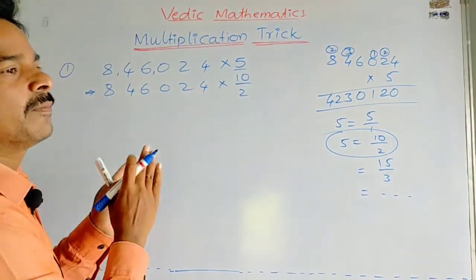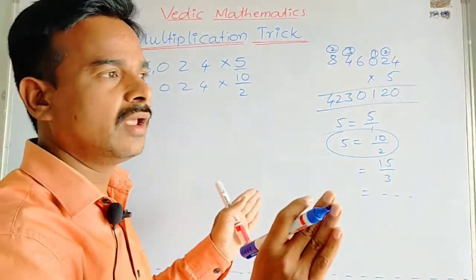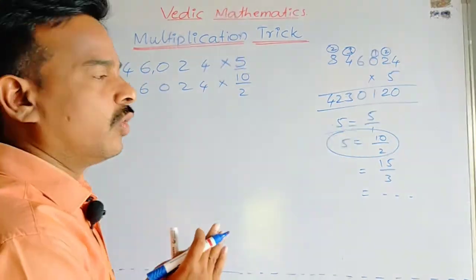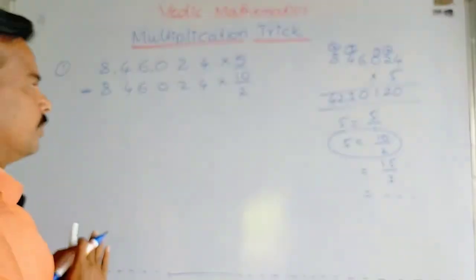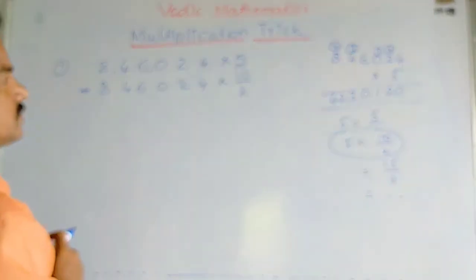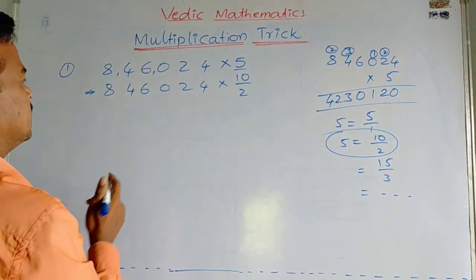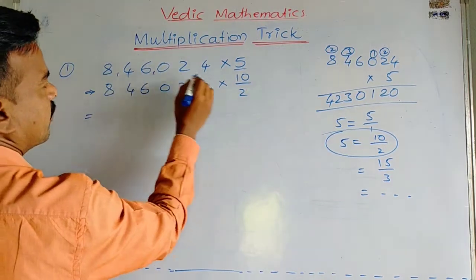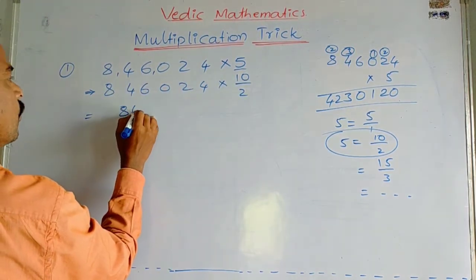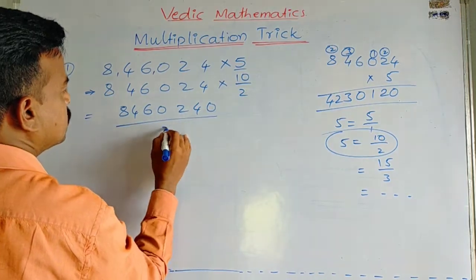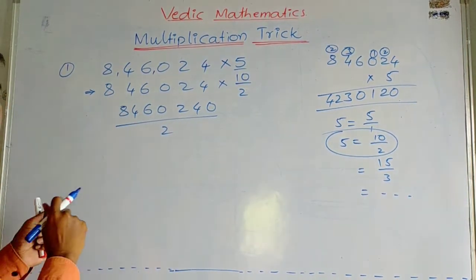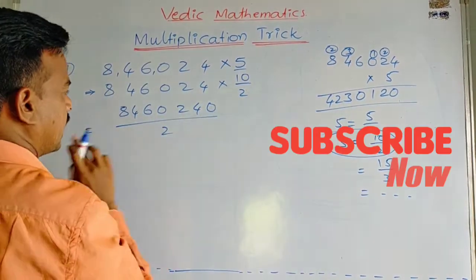If you multiply any number by 10, we get one more 0. That means we should add a 0 after the number, then we get the answer. That is simple, very easy. That means after multiplying by 10, 8460240, then divide by 2.